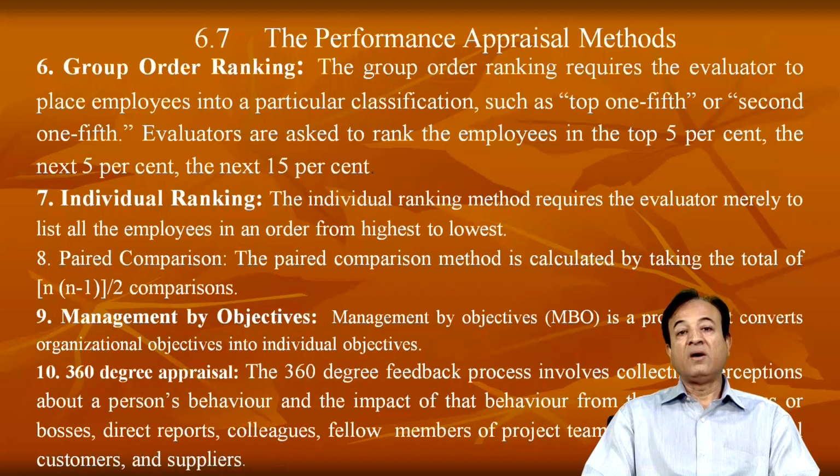So, if a rater has 20 subordinates, only 4 can be in the top fifth, and of course, the rest must also be related to the bottom fifth.